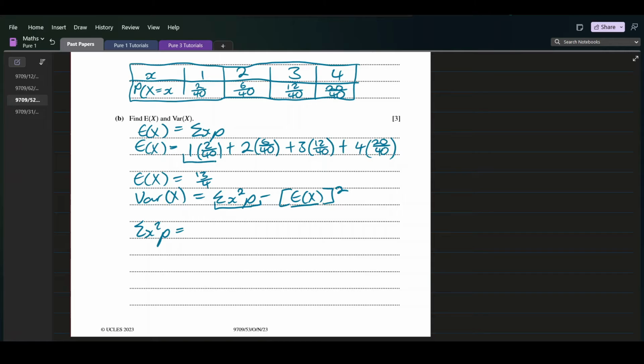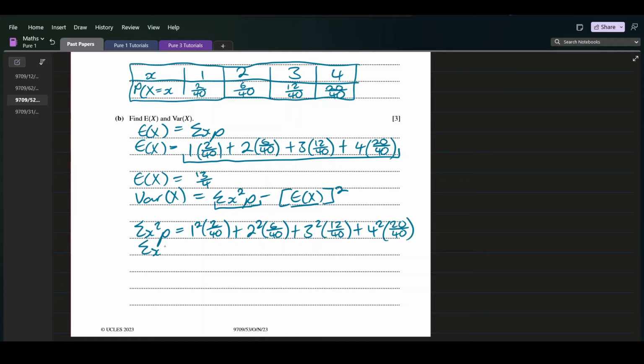It's basically this whole expression, but the x is squared. So that will be 1 squared times 2 over 40 plus 2 squared times 6 over 40 plus 3 squared times 12 over 40 plus 4 squared times 20 over 40.